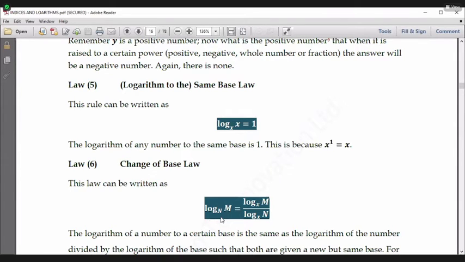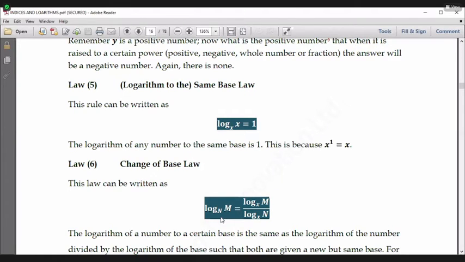1.771. Log 7 divided by log 3. 1.771. Yes. If I write 4 figures, 1.7712, isn't it? Yes.